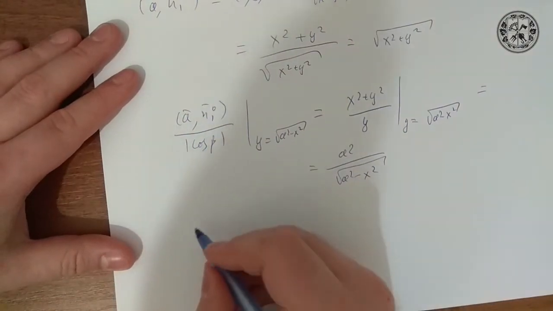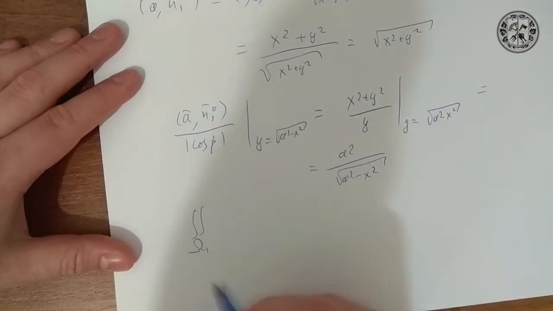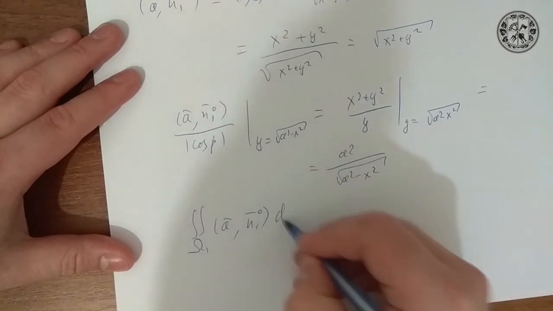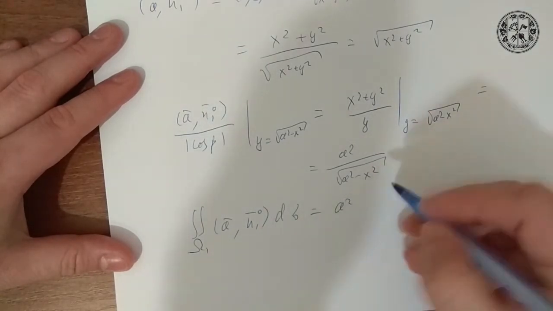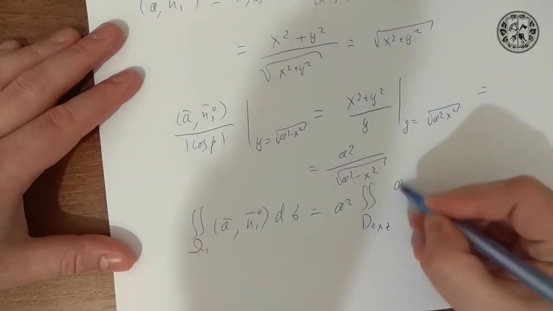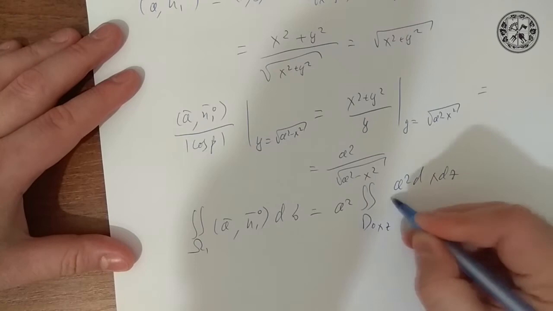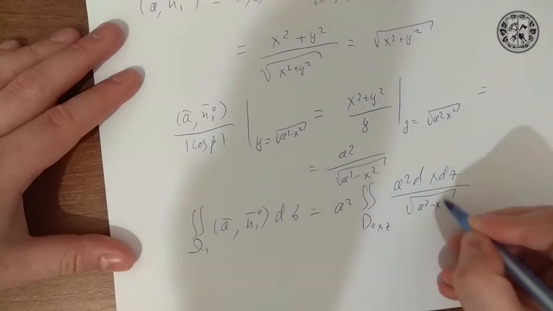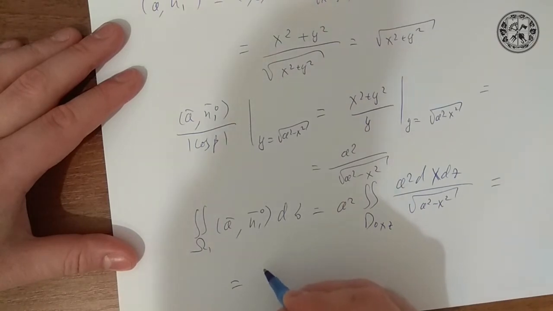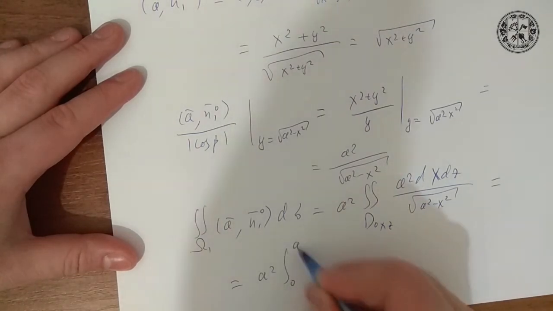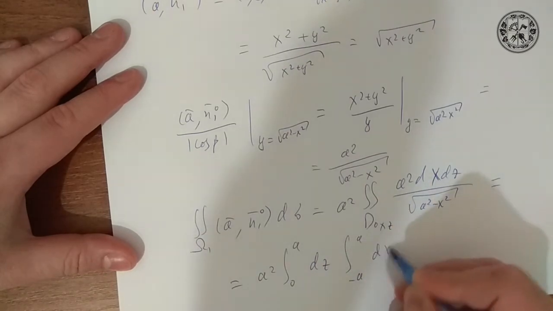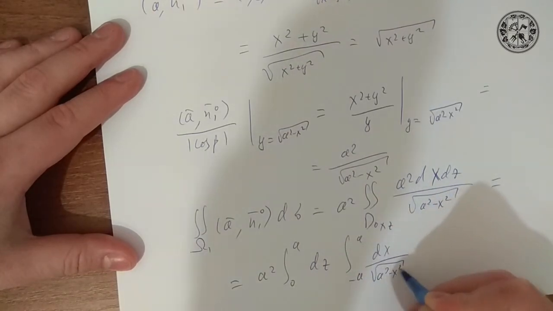And finally, the integral by the first part, a n1 0 dσ, will be a squared times the integral by projection on xz of dx dz over square root of a squared minus x squared, and we get a squared integral from 0 to a of dz, integral from minus a to a of dx over square root of a squared minus x squared.